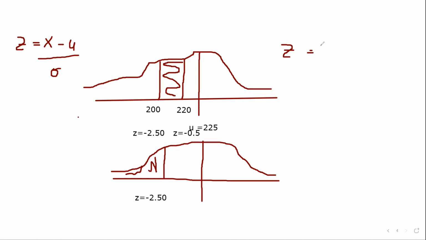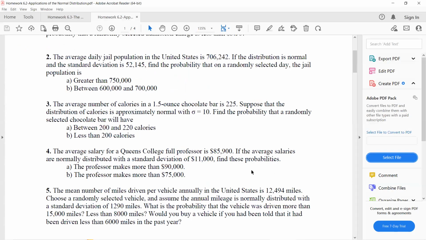Yes. So let's do this again. We have the x, which is 200, minus the mean, which is 225, over 10. Is it 10? I think it's 10. I'm pretty sure it's 10. It's 10. I'm having a brain freeze myself right now.